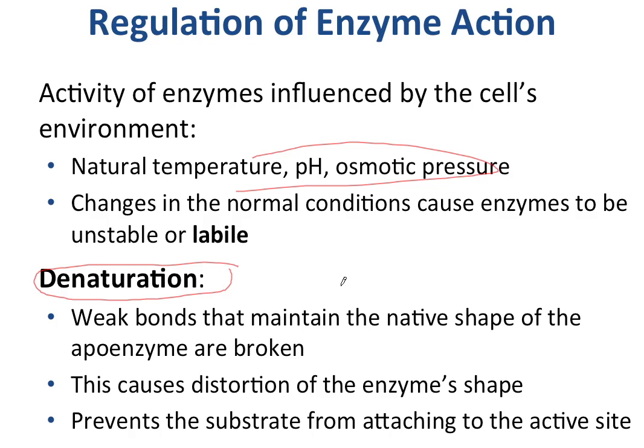If the hydrogen bonds are broken, the protein or enzyme structure can be changed, so denaturation will happen. The structure is changed, so it will cause distortion of the enzyme shape. Once the enzyme structure is changed, the active site structure is changed, so the enzyme cannot bind with the substrates.